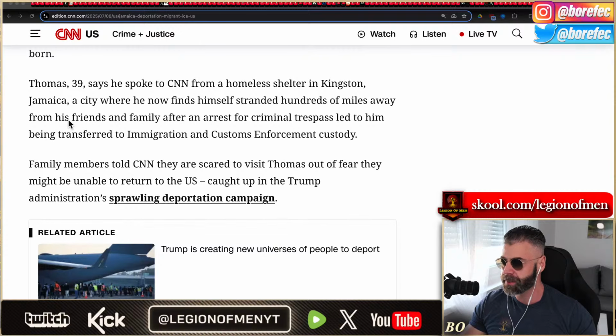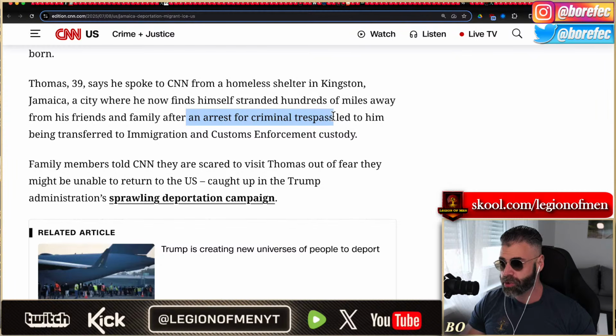What the heck, CNN? So then it goes, Thomas, 39 years old, you're still somehow a stateless person. Why? He spoke to CNN from a homeless shelter in Kingston, Jamaica, a city where he now finds himself stranded hundreds of miles away from his friends and family after an arrest for criminal trespass led to him being transferred to Immigration and Customs Enforcement.